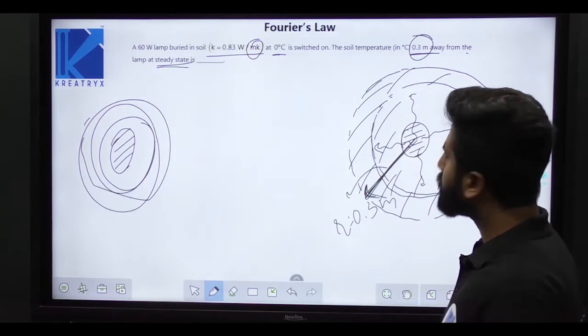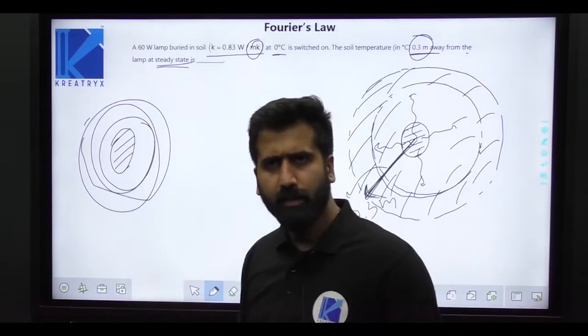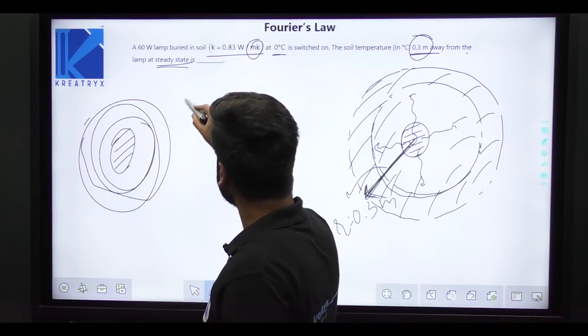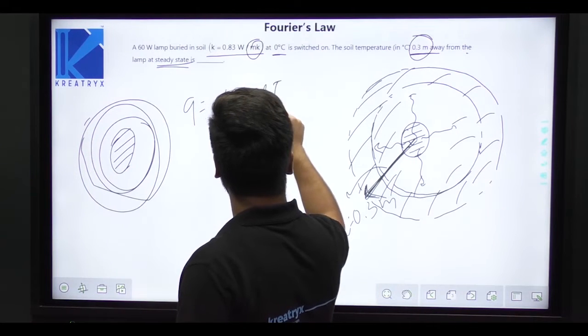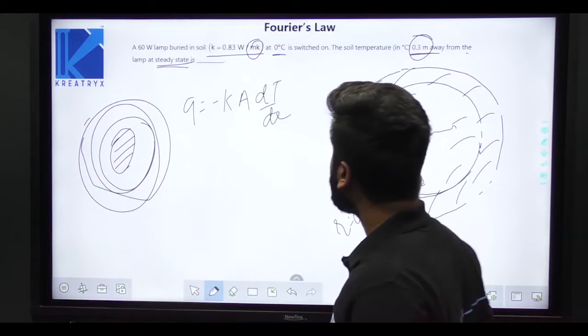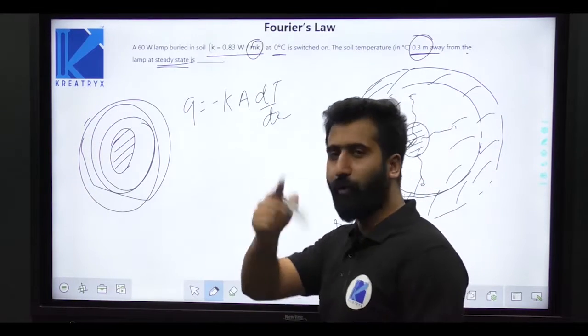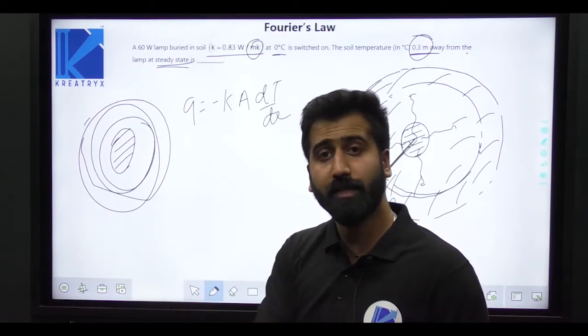Again, apply the basics of Fourier's law, that is Q is equal to minus kA dT by dr. Here A will be 4 pi r square, the surface area of a sphere.